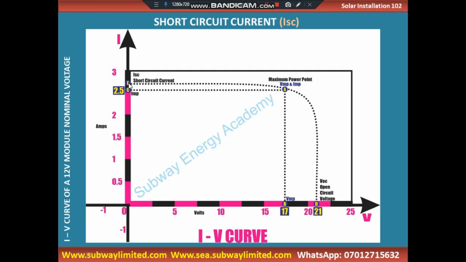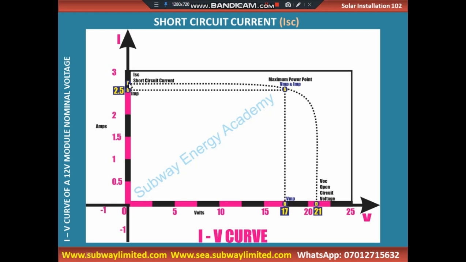When you are doing your connection, the tools you use must be properly insulated to avoid disaster. So your short circuit current will always be gotten when you link the two solar probes together.